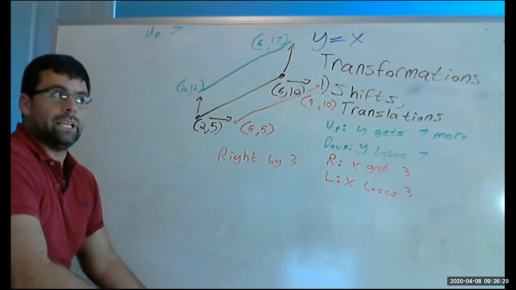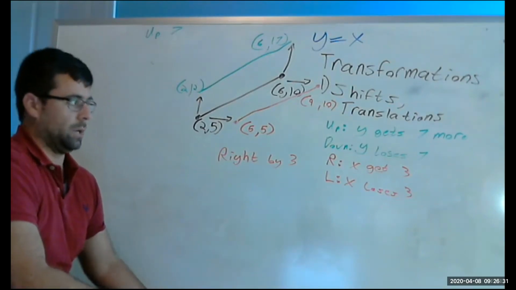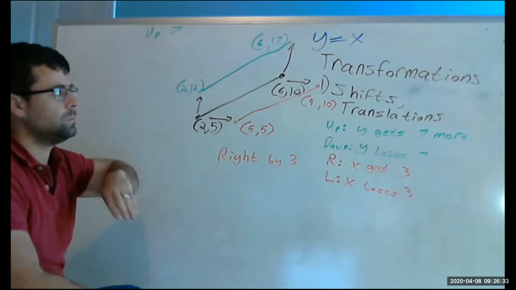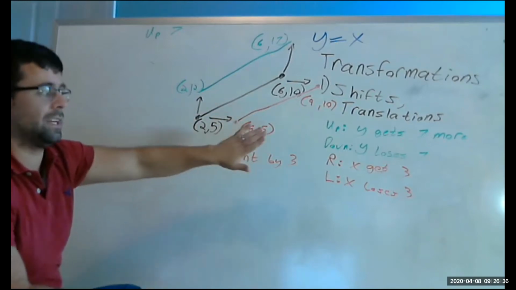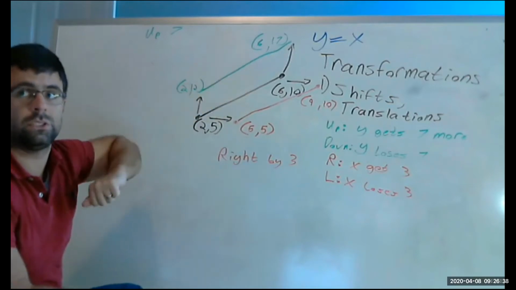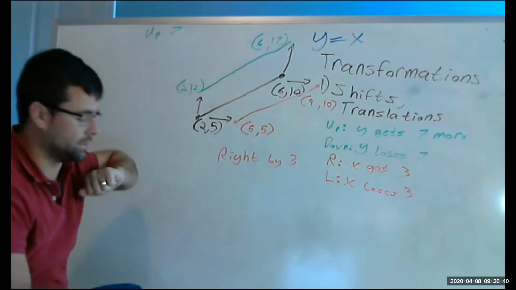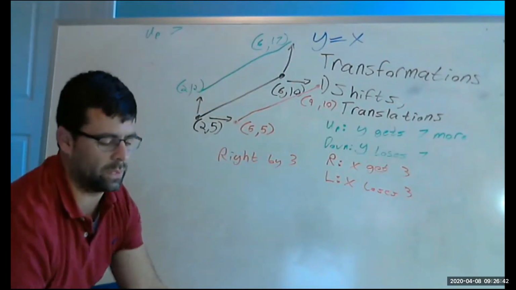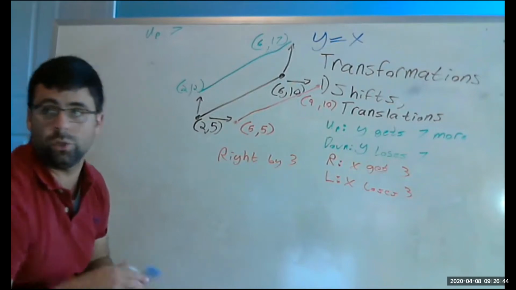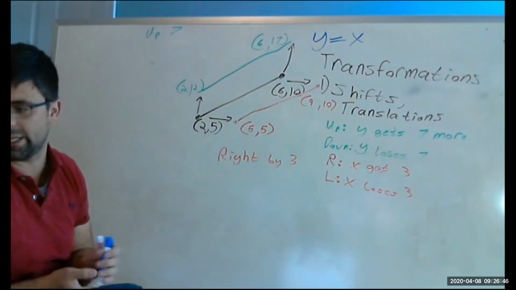Because it's kind of backwards from this. So what we do to make this stuff happen to the parent function is actually the opposite of what it looks like we're going to do. And I'll show you what this means and how.